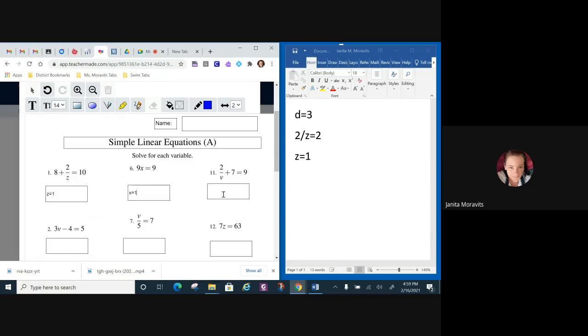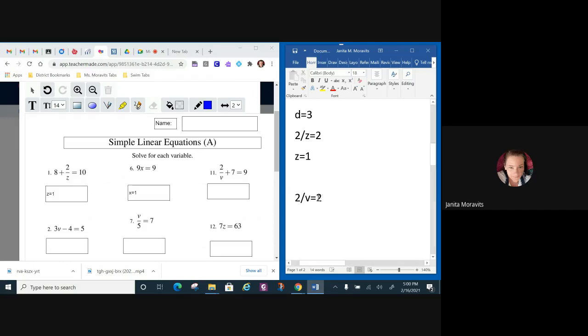All right, I want to do another one like the first one. So we're going to say 2 over v plus 7 equals 9. Well, we have plus 7 on this side, so we have to subtract 7. So 7 minus 7 leaves us with 0 over here. So we would have 2 over v equals, and then we subtracted 7 here, so we have to subtract 7 from here. 9 minus 7 gives you 2.